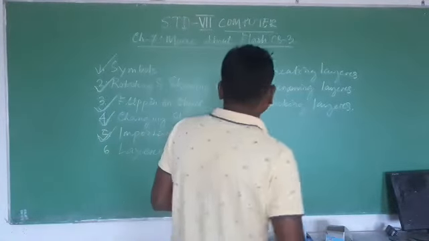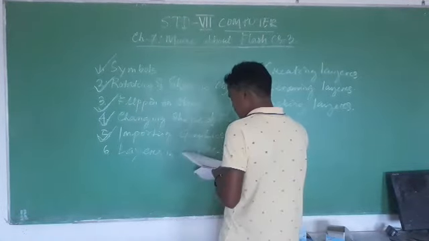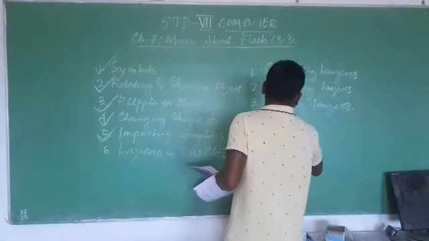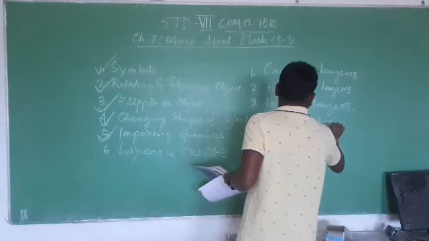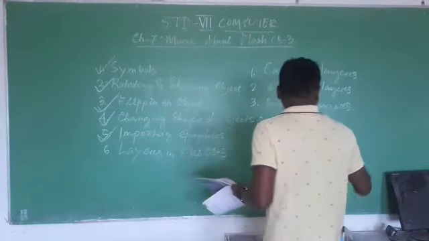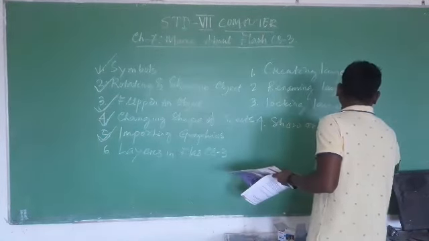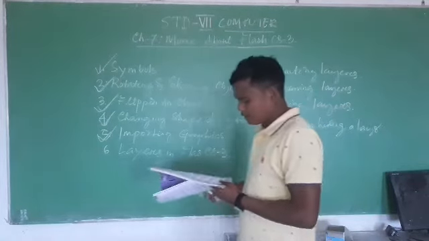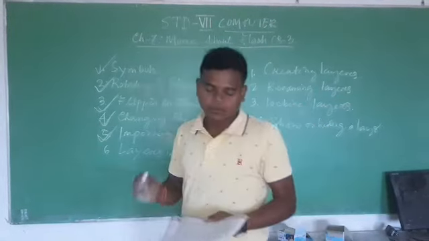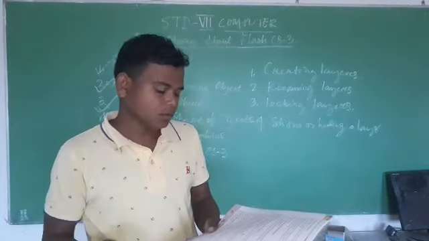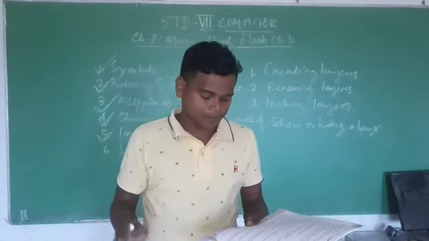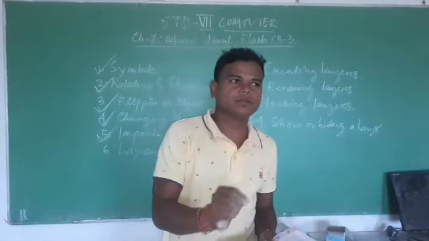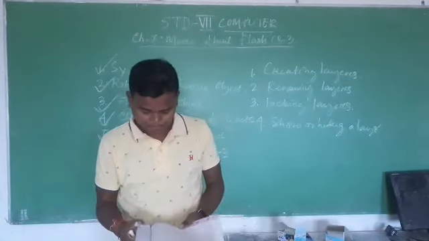Next property is showing or hiding a layer. Click on the eye icon, that is, show or hide all layers, which is present above the activated layer option. The activated layer is the layer which is active.